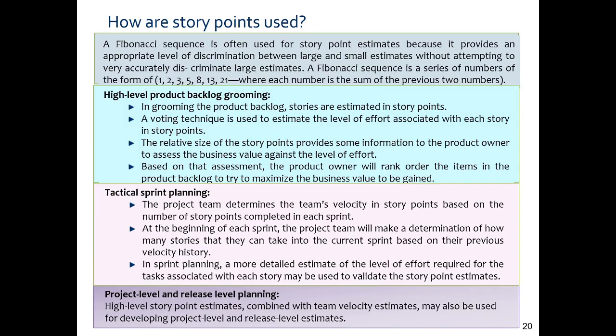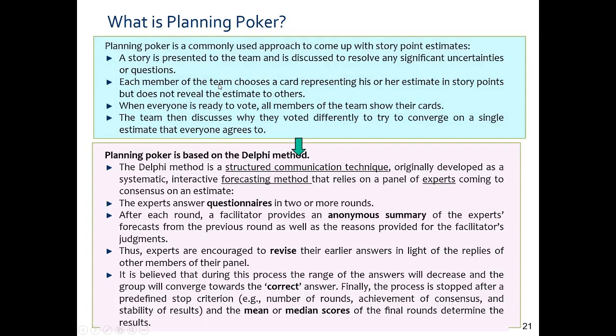Once you have determined the story points, you may determine the team's velocity, that is, what performance is expected out of us, what kind of cadence or rhythm we have to follow in addressing these stories along with the story points. The last level is the project level and release level planning.